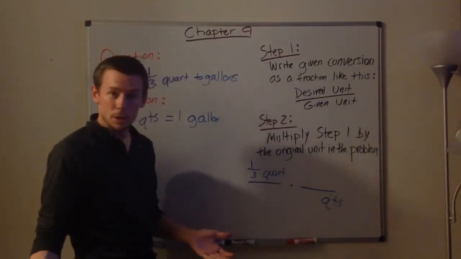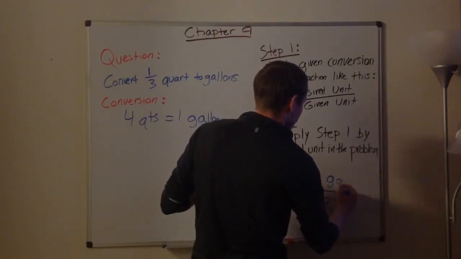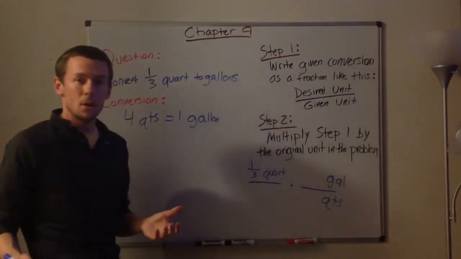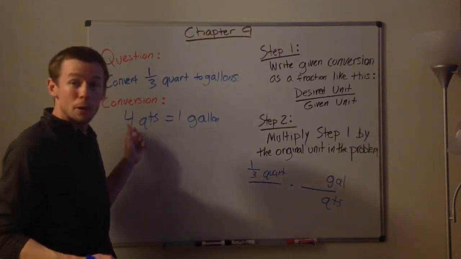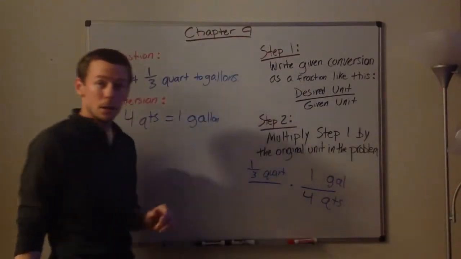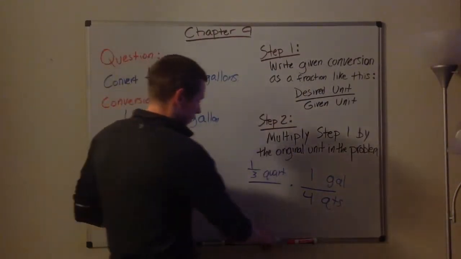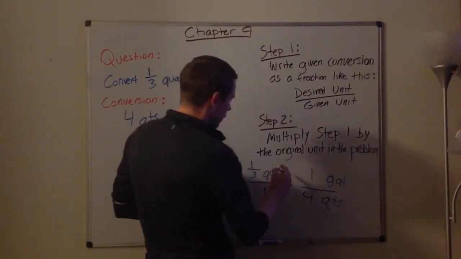quarts, so quarts must go on the bottom. I want to end up with gallons, so that must go on the top. And then plug in the numbers in the right spot. The 4 goes with the quarts, and the 1 goes with the gallons. Cancel the quarts.